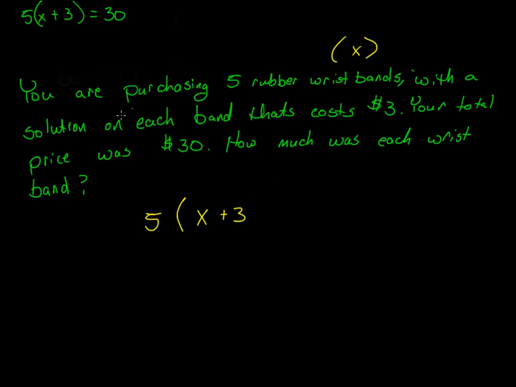So the cost of the band plus $3 per band, we're getting 5 of them, and we know that equals $30. That comes back up, loop out and around. There's our original.